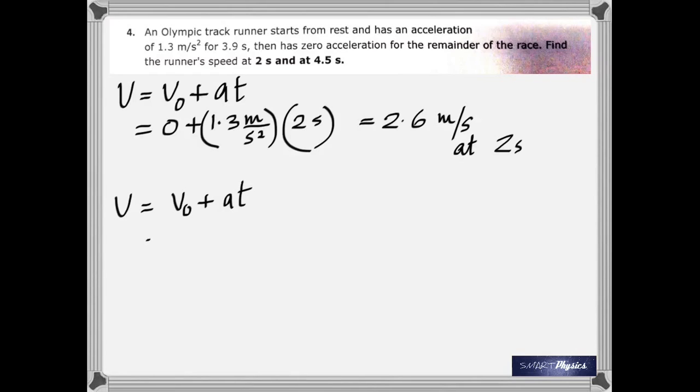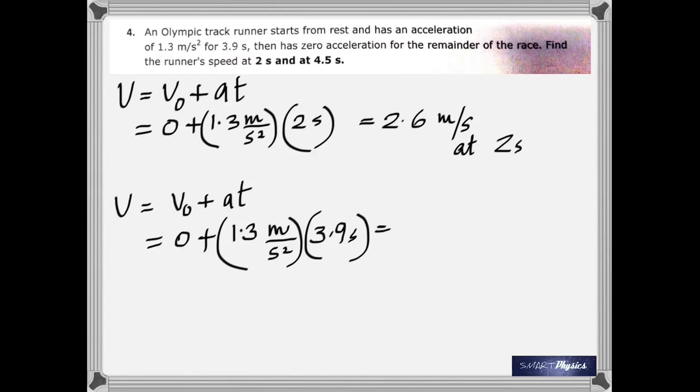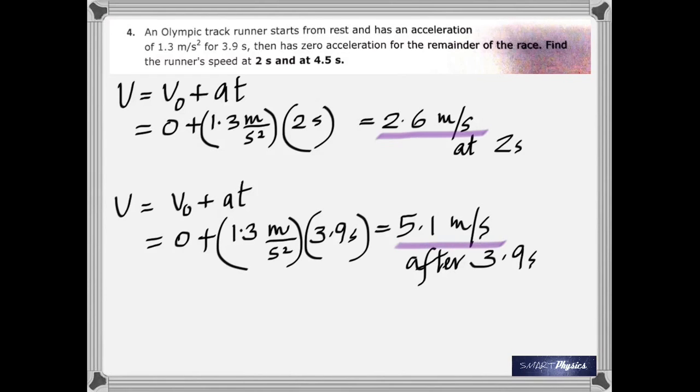So we just need to find the velocity after 3.9 seconds. Same equation, except time is now 3.9, not 4.5. I hope you understood. So you get 5.1 meter per second after 3.9 seconds, which will be the same after 4.5 seconds. Okay.